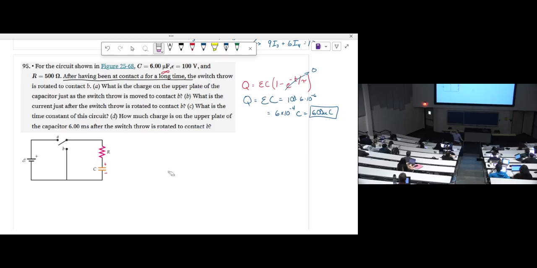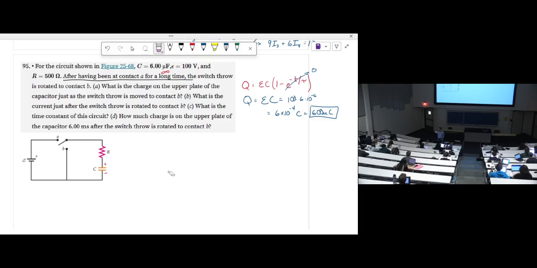Okay, so that is the number one answer that I get when we've got the switch between A and B, where it's not contacting either one. But the problem is an open circuit does not allow charge to flow. So it does not discharge while the switch is open, meaning that it's not contacting A nor B. So it sits at A to charge up, and then I rotate it between the two throws.